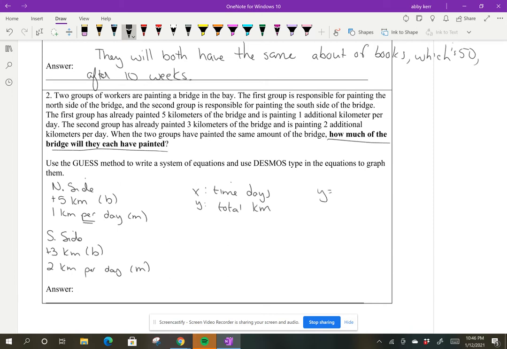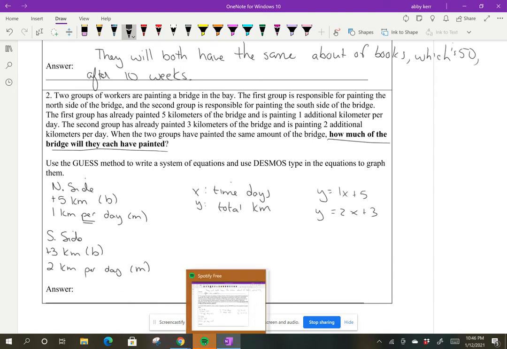So come up with the two equations. Put it in slope-intercept form. And then put it into Desmos.